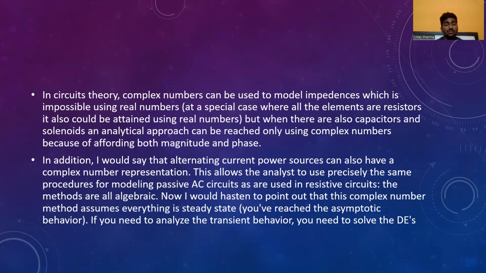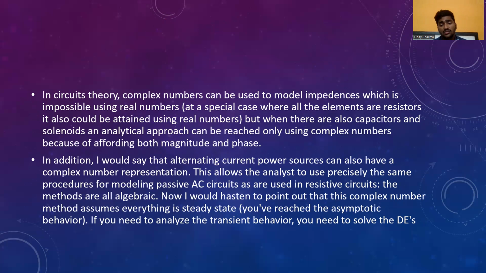In addition, alternating current power sources can also have a complex number representation. This allows the analyst to use precisely the same procedures for modeling passive AC circuits as are used in resistive circuits. The methods are algebraic.